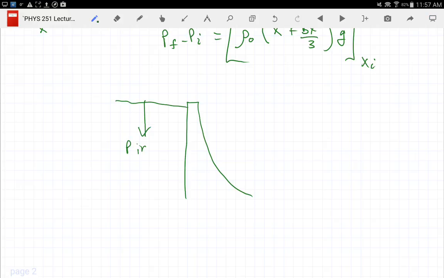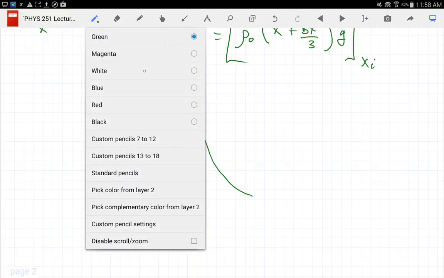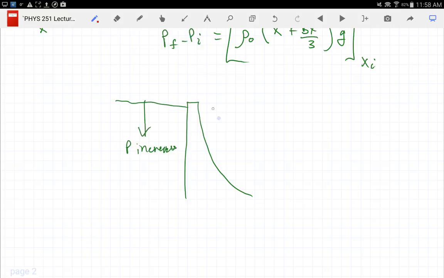As we go down, pressure increases, right? So I set my coordinate system so I have x equals 0 at the surface, and x is increasing as we go down. And I'm going to define some little change in height, dx, along that dam.